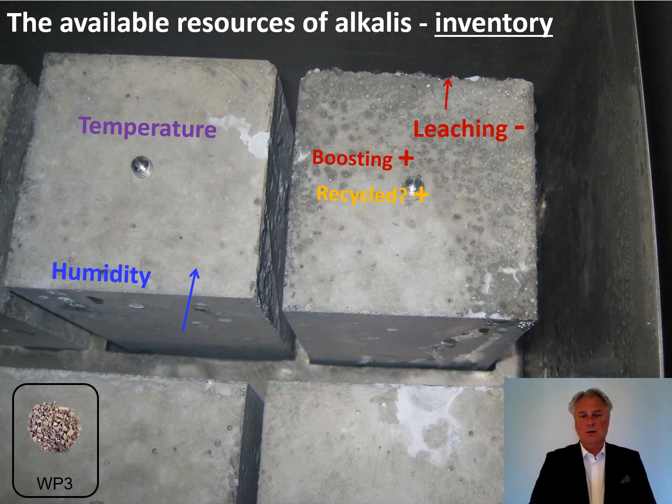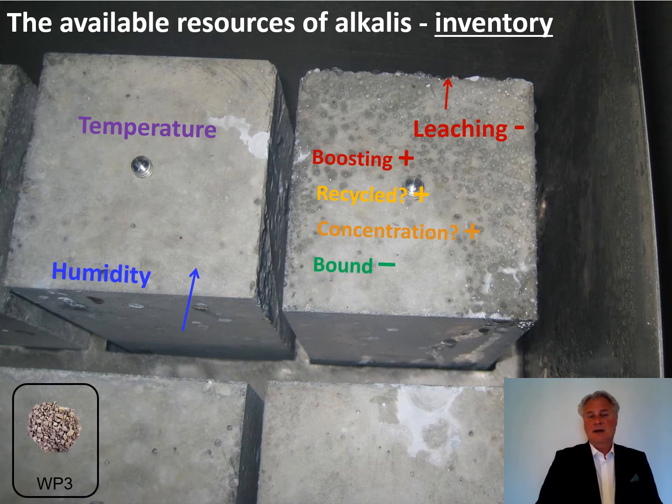Also there are some speculations that there could be some recycling of alkalis when they're going into the gel and going out of the gel again and starting to react. So that's a complicated question as well. And we also know that there will be some concentration of alkalis in the top of the prisms and so on.